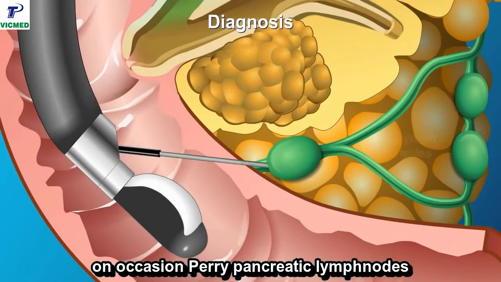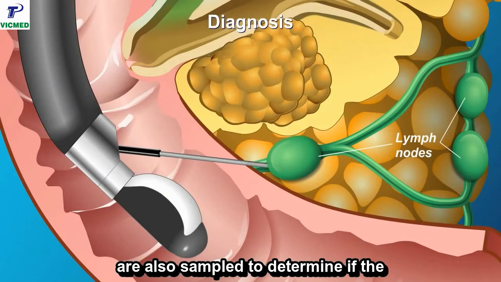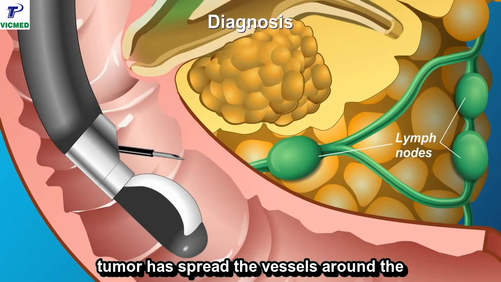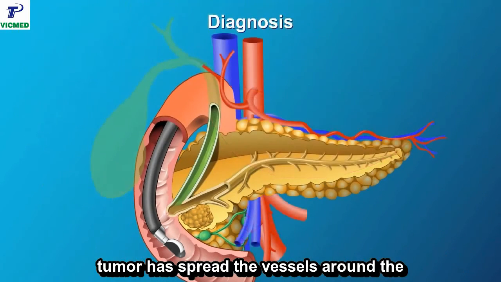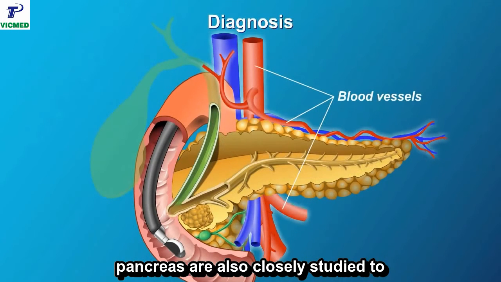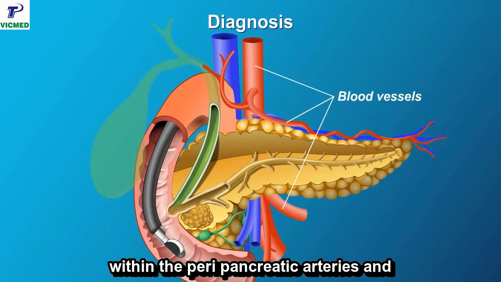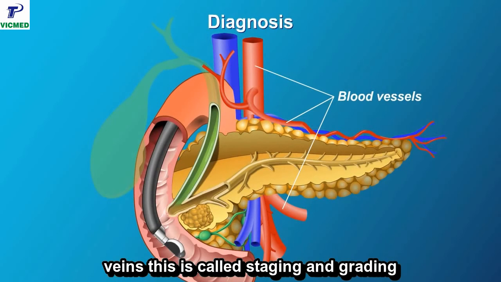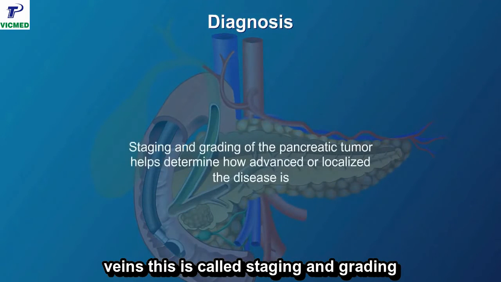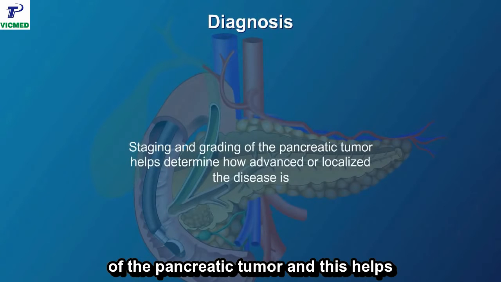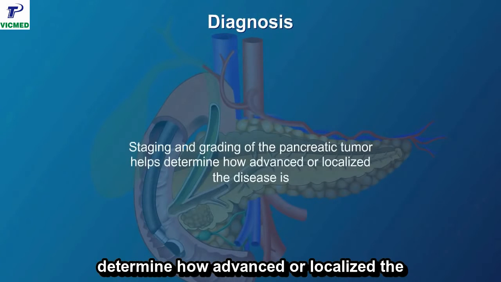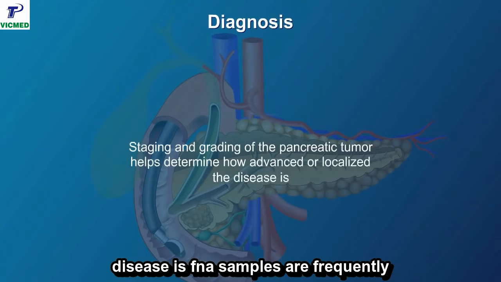On occasion, peripancreatic lymph nodes are also sampled to determine if the tumor has spread. The vessels around the pancreas are also closely studied to rule out any type of tumor involvement within the peripancreatic arteries and veins. This is called staging and grading of the pancreatic tumor, and this helps determine how advanced or localized the disease is.